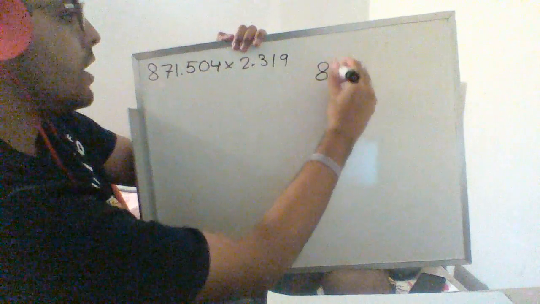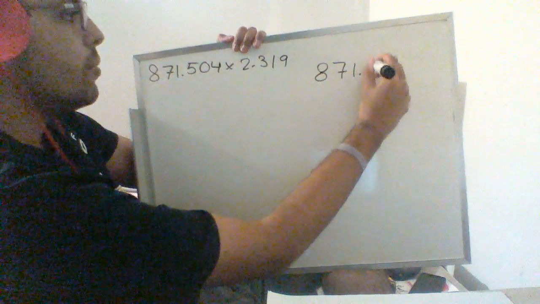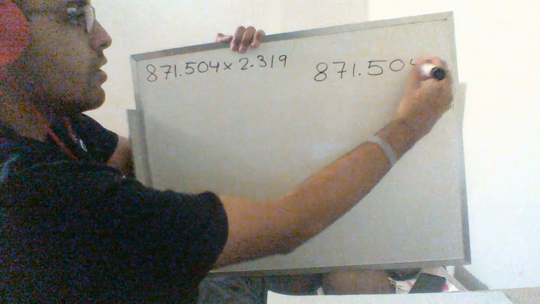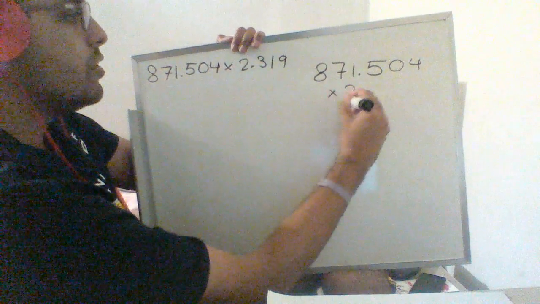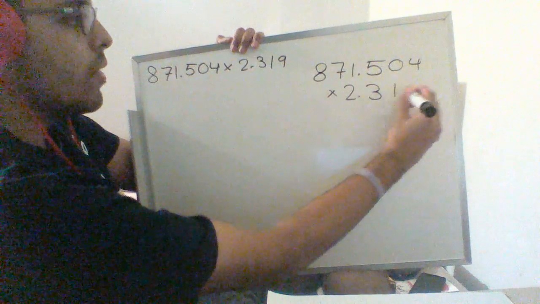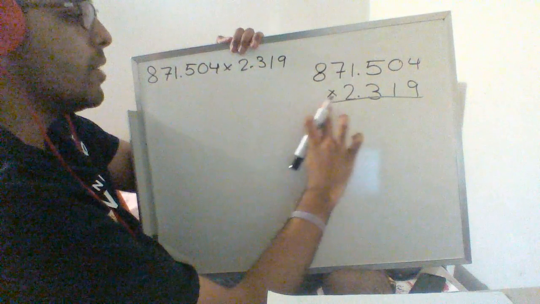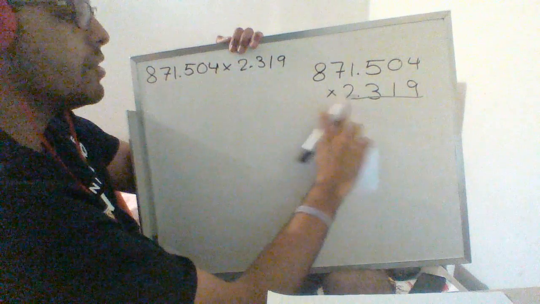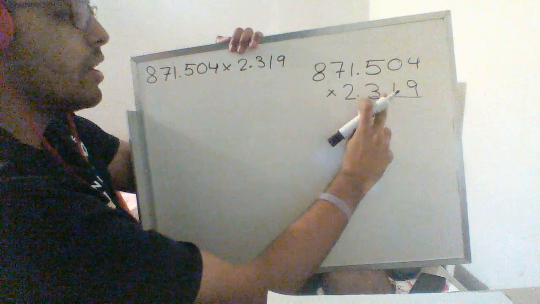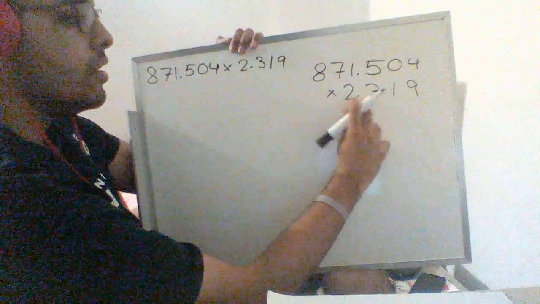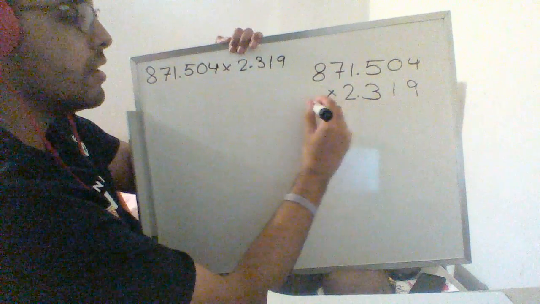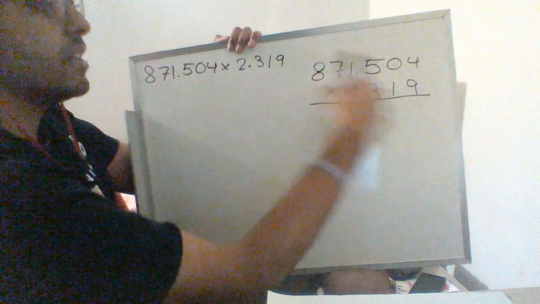So we got 871.504 times 2.319. Now remember, when you're doing this with long multiplication, you don't really have to worry about getting the decimal points to line up when you're writing them out like this.